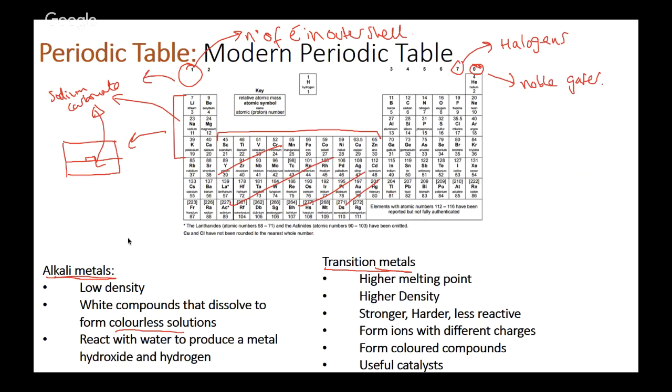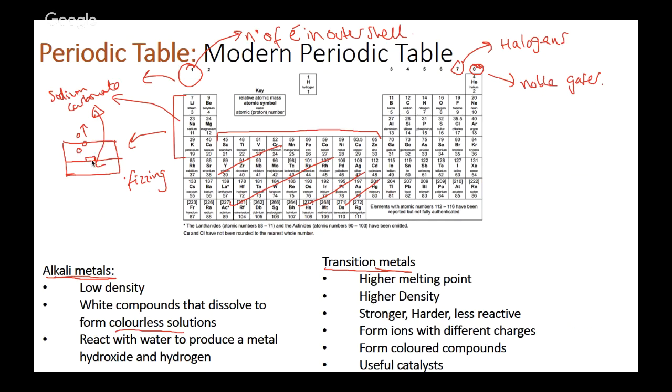And these alkali metals react with water to produce a metal hydroxide and hydrogen. So they react quite vigorously. You might need to describe what you see in this reaction. So you will see a gas given off, you will see fizzing, really quite a common question, observe what you see. Gas coming off, fizzing.